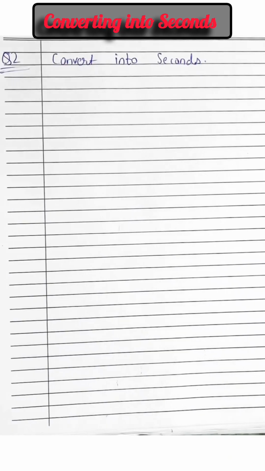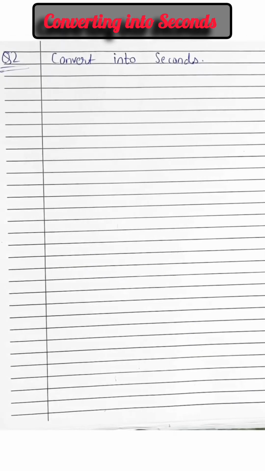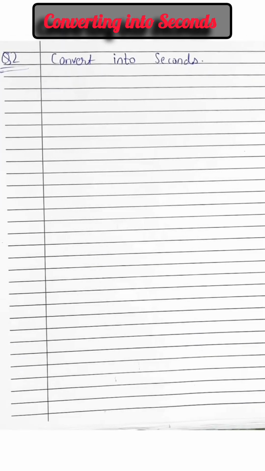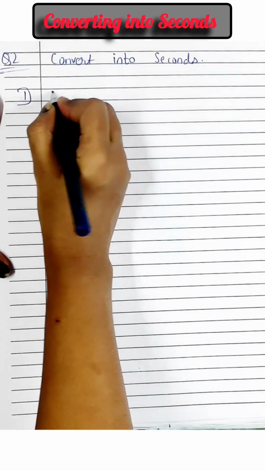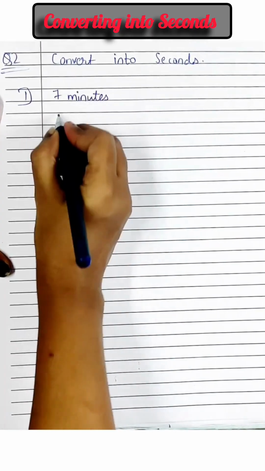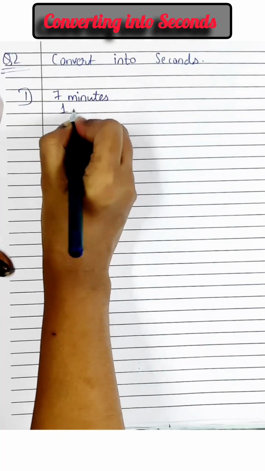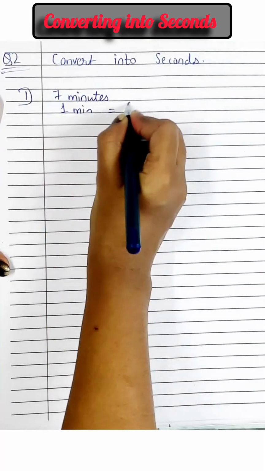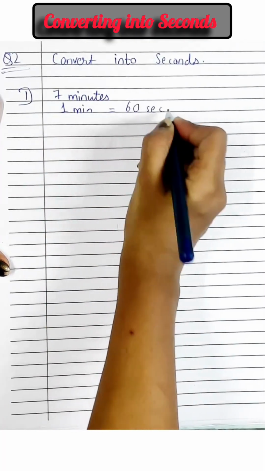Today we are going to learn about how we should convert our hours or minutes into seconds. So now we will do the sums based on seconds. For example, 7 minutes. So we know that 1 minute is equals to 60 seconds.